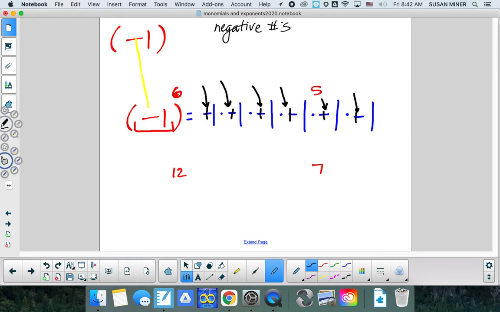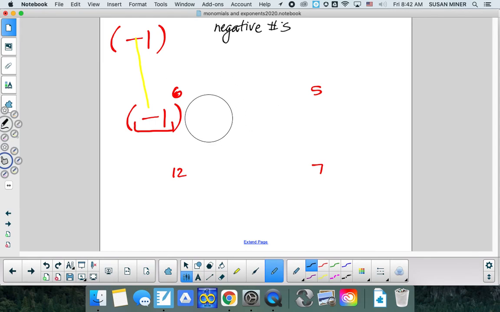So when I put parentheses around the negative, I end up with a positive answer. So parentheses are including the negative now, and I have to apply it as if it were getting an exponent of its own. There's 6 negatives there now, which is going to make my result positive.